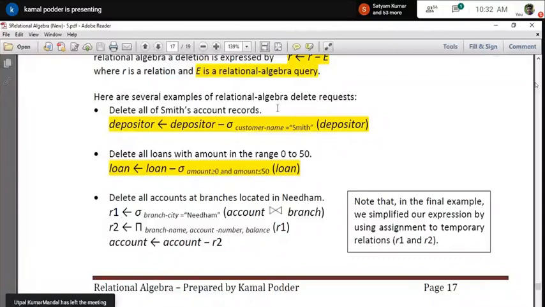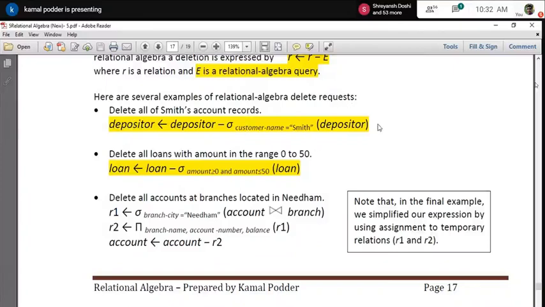So I will get one particular record, and then I do the minus operation, depositor minus that result, and push the result into the depositor relation. Then automatically the resultant depositor will have all the records except this record, or set of records.